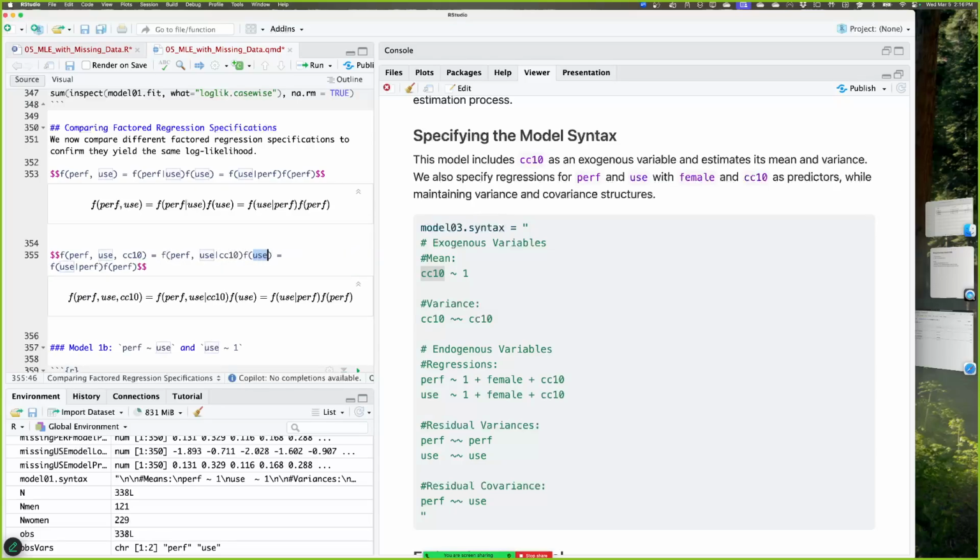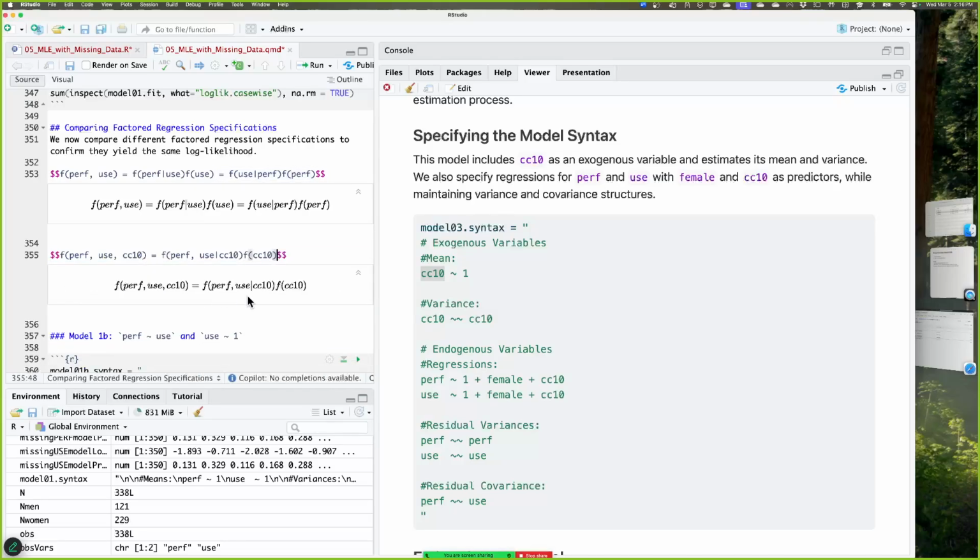And then we have the marginal distribution of CC10. So if we factored this out, this next segment is basically this here. Performance and usefulness are still a multivariate normal distribution. CC10 is univariate normal, and their product gives us the joint distribution. Does that make sense to you?